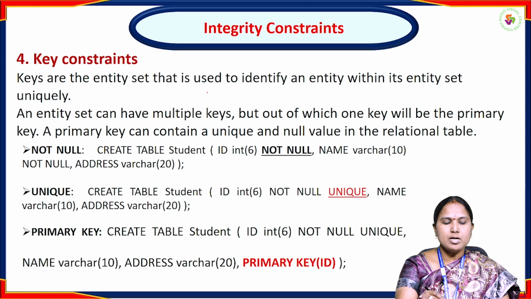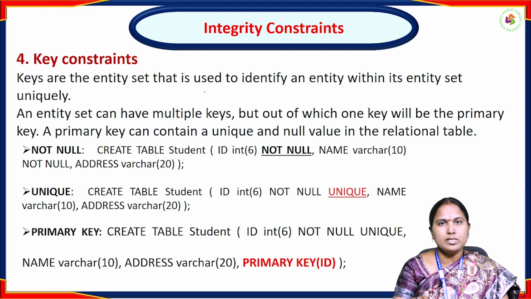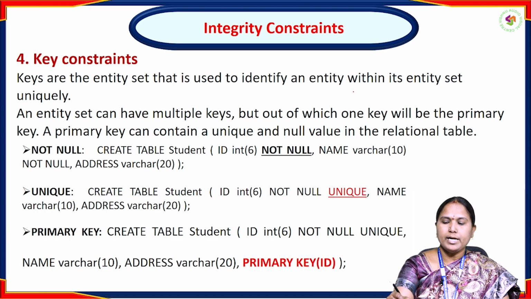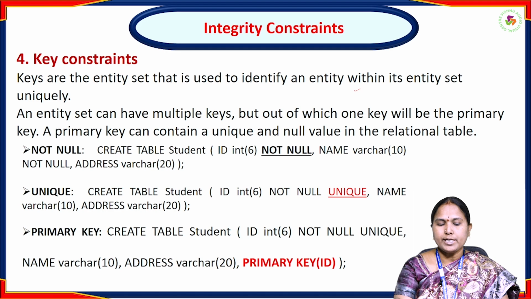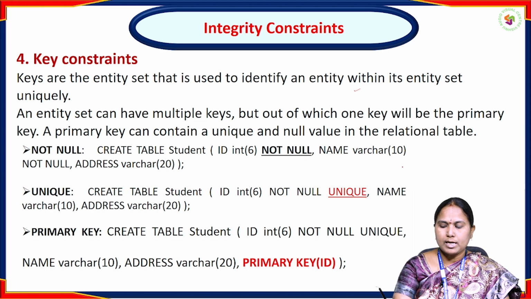Okay. Key constraints consist of a set of rules. It identifies an entity within an entity set uniquely. So, if you want to identify the uniqueness of your entity, definitely we should define the key constraints concept. Coming to one example, suppose I am maintaining a student database.